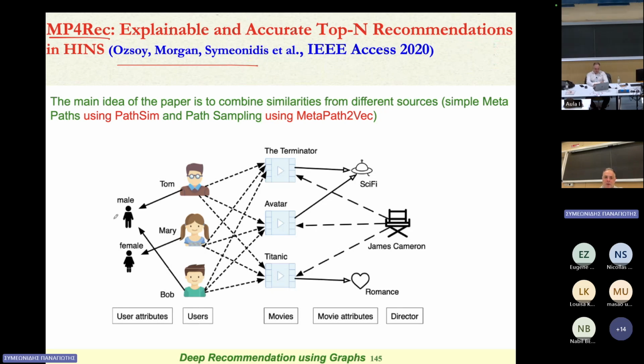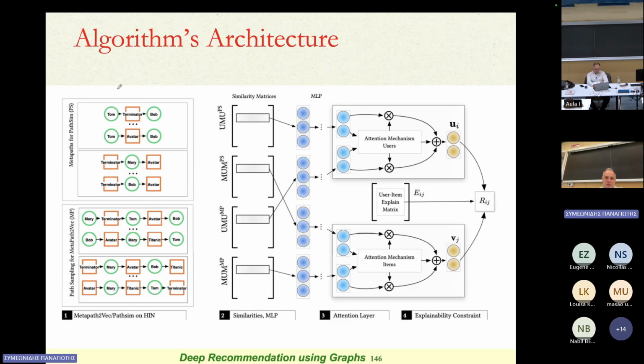And we had these metapaths. We had the users, the movies, and the genres of the movies. And we used these metapaths to train some neural networks. We used these metapaths to compute similarity matrices with different semantic meanings. Every similarity matrix carries a different semantic meaning.